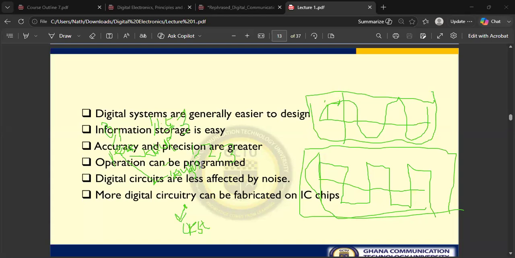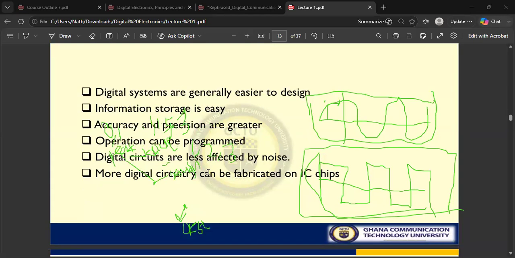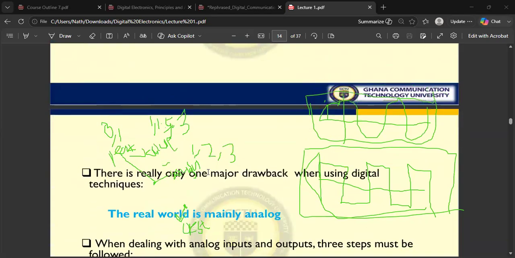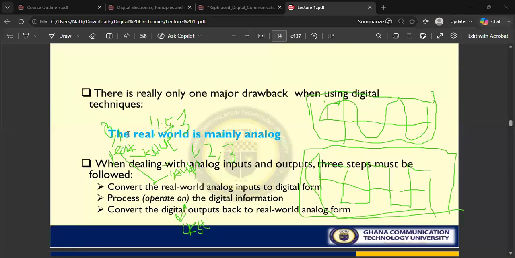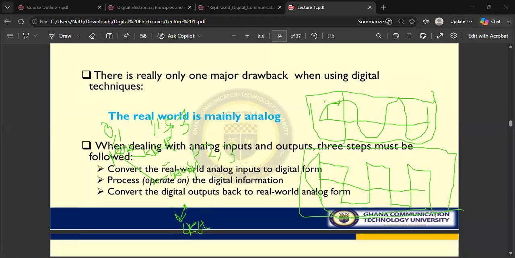So, I've given you two. It has to do with synchronization and then intensive mathematical processing. So you can look for the other ones as well. Like I said, there's only one major drawback when using digital systems, right? The techniques. So our world is analog. So when dealing with analog input and output, three steps might be followed.